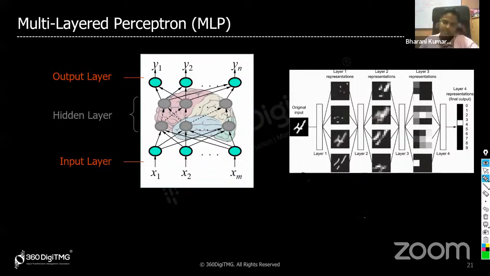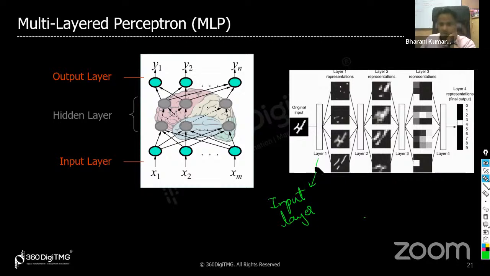hidden layers. Okay. So your input is given to the first layer, which is called the input layer. Either you represent the layers left to right, or bottom to top, or top to bottom, it doesn't matter. It's just a representation.